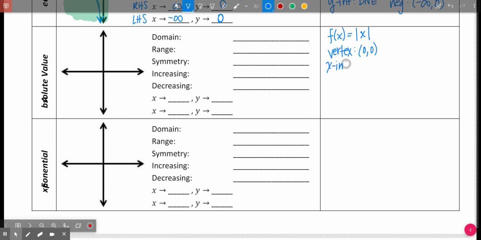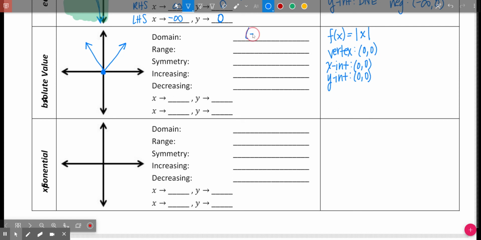And just like that of a quadratic, a cubic, and the square root function, my x and y intercept occur at the origin. What defines the absolute value function from a quadratic is that instead of being a curve, absolute value functions have that very indicative V shape to them.